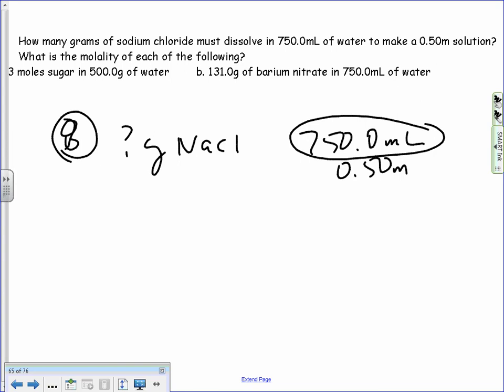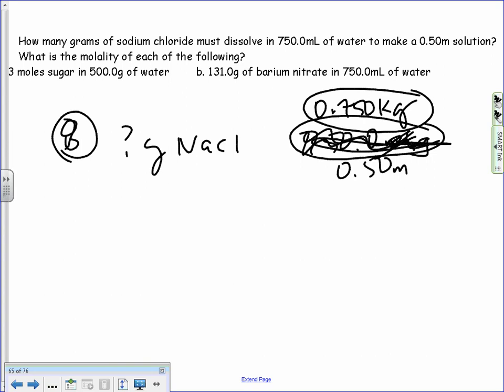Because 1 milliliter of water is equal to 1 gram of water. And then, how many kilograms is this? 0.750 kilograms. Okay, so I'm actually going to circle that one instead. So if you have 0.750 kilograms and you have molality, what do you do with them when they are given together? You multiply them to cancel what?